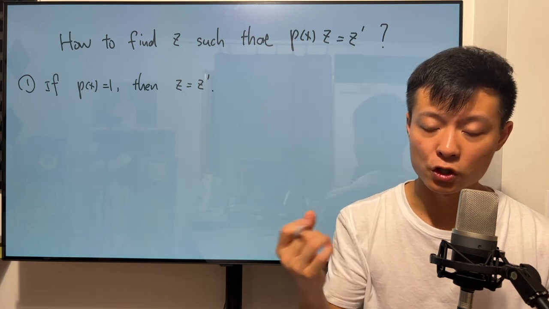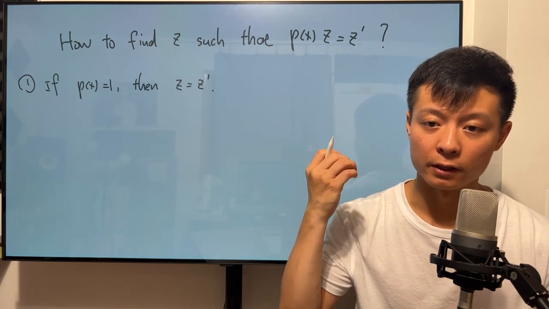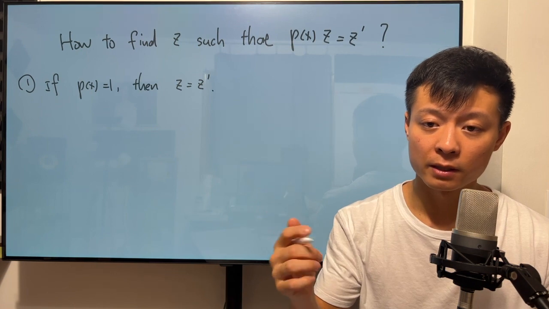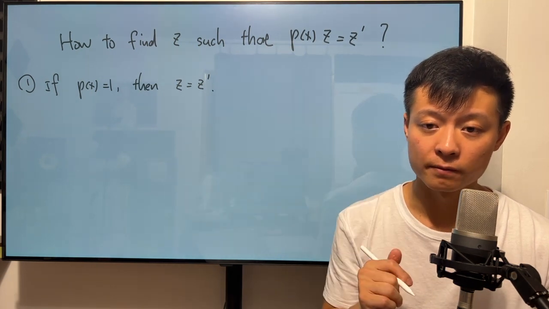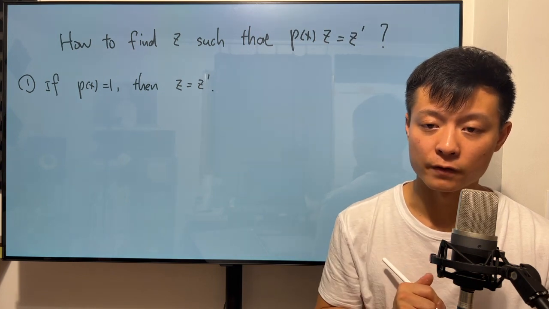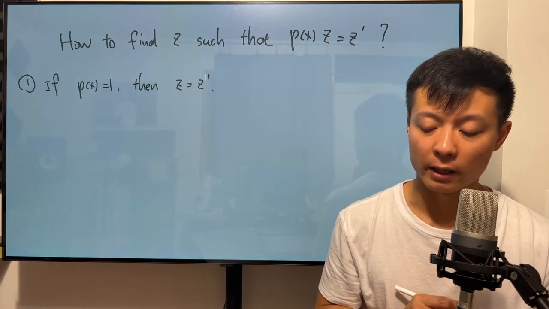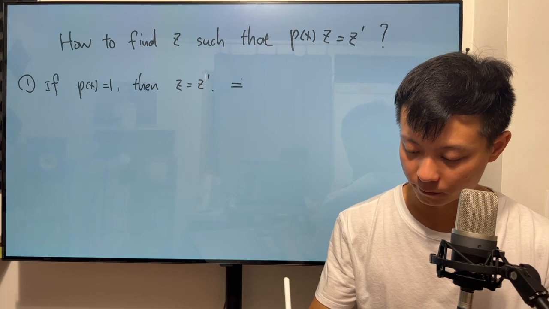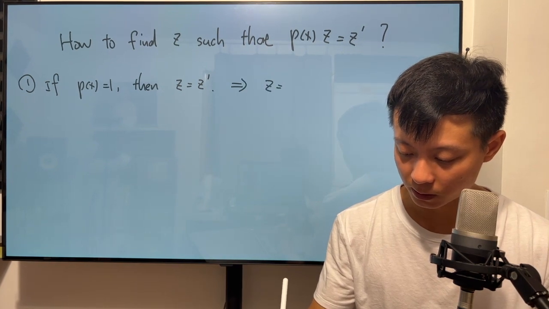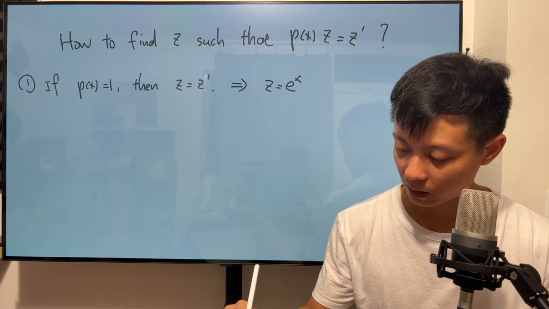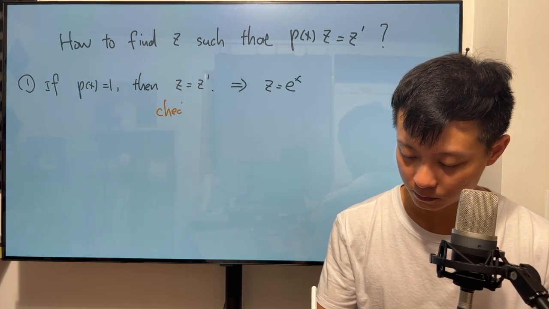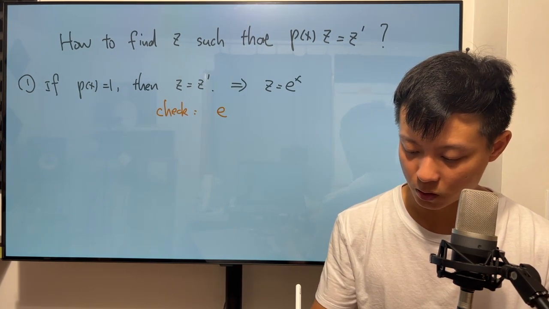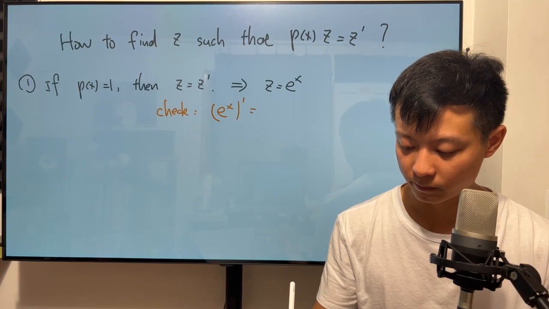And if we search our inventory of derivative formulas, we see that the only function that satisfies this condition will be the exponential function e raised to the power x. So we're going to have z equal to e^x. We can do a quick check here: the derivative of e^x is e^x.